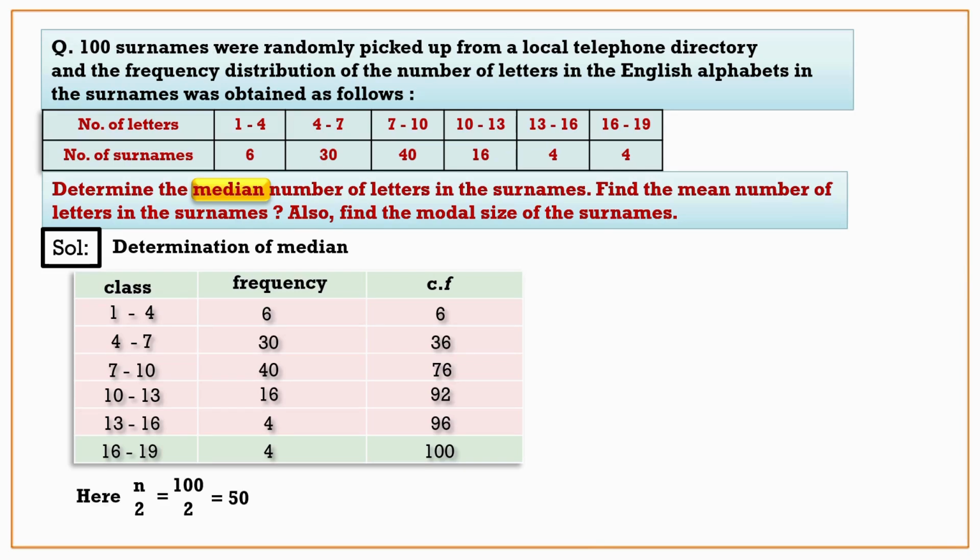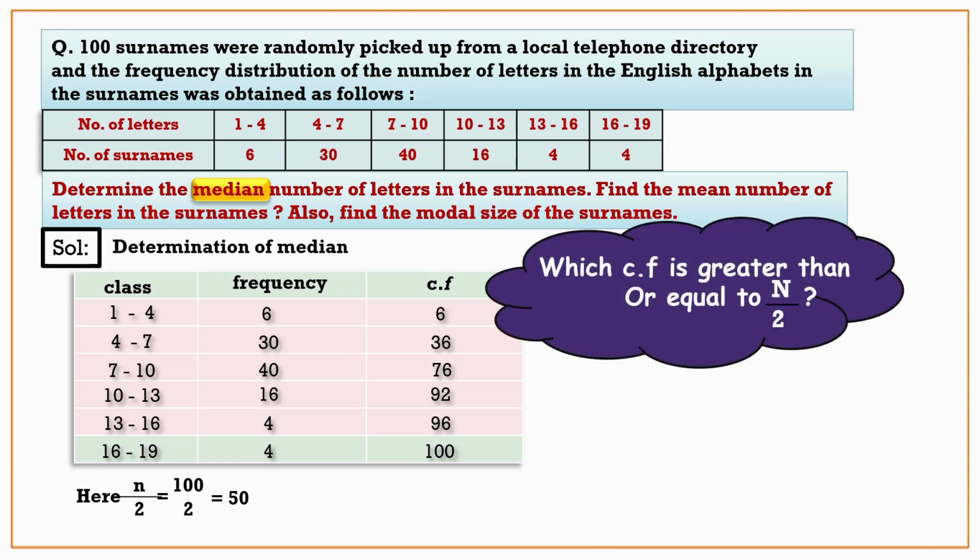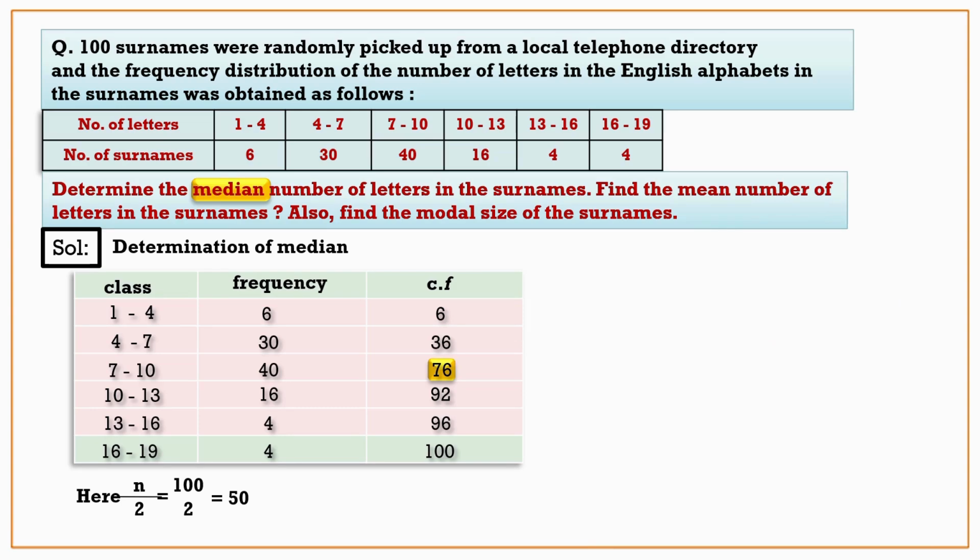Here n is the total frequency, that is equal to 100. So n by 2 is 100 by 2, that is equal to 50. Now we need to find the cf which is greater than or equal to n by 2. If you take a look, 76 is greater than 50.